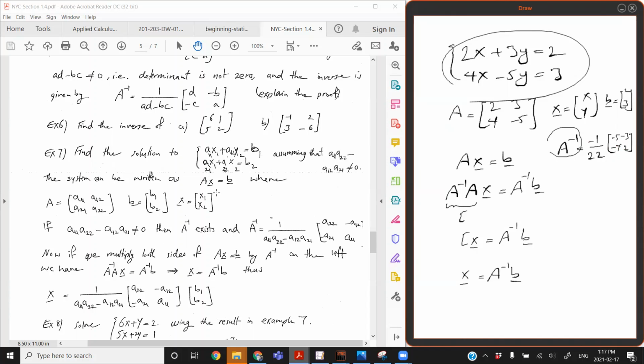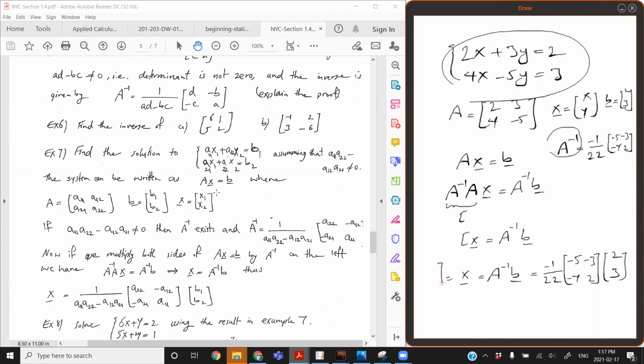That's A inverse. So X is going to be negative 1 over 22 times negative 5, 2, negative 3, negative 4 times whatever B is, 2, 3.